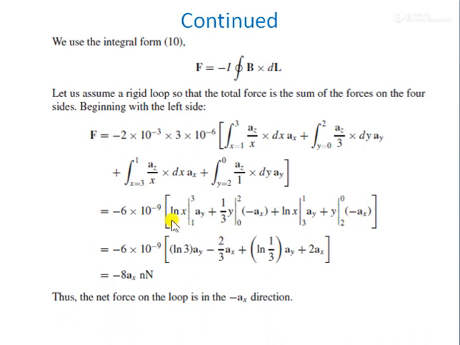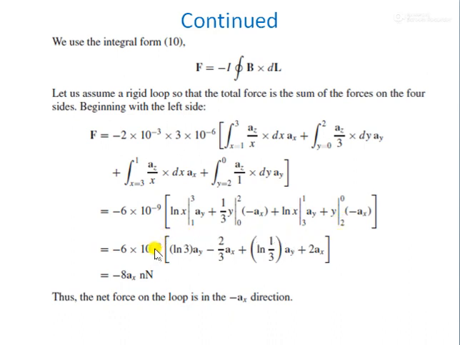So here the integration over x will be log of x from 3 to 1, and az cross ax will be ay. And this is 1 by 3, integration of y is just y, and az cross ay is minus ax, plus log of x, it is 1 by x over 1 to 3, az cross ax is ay, plus y, az cross ay is minus ax.